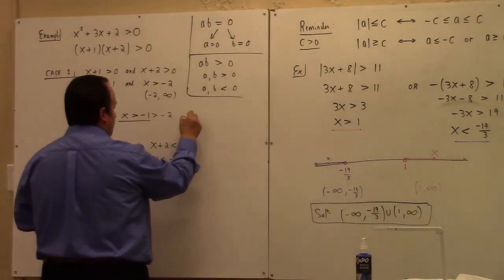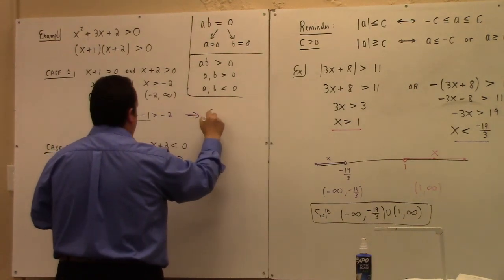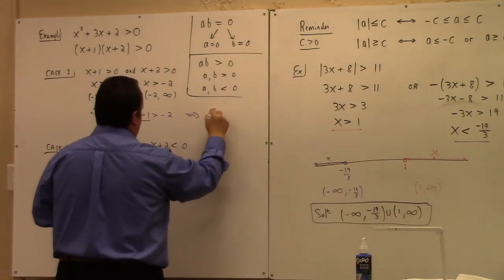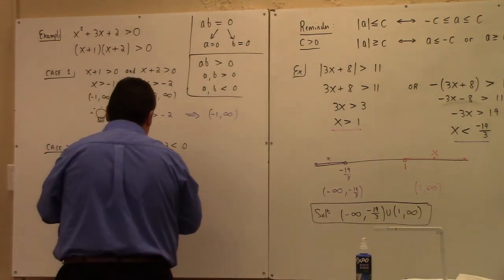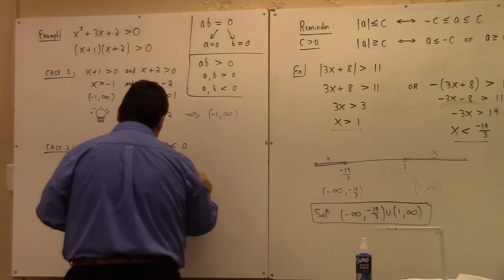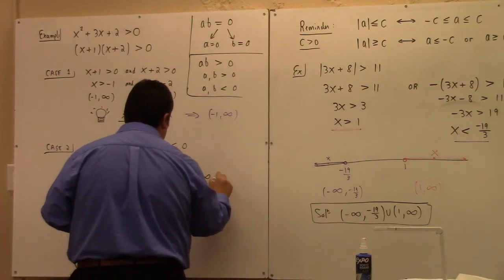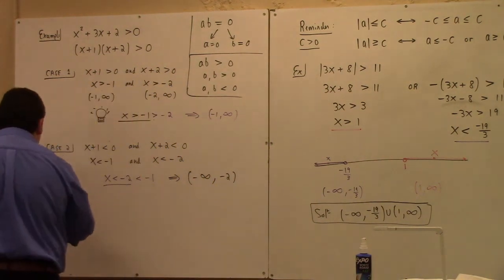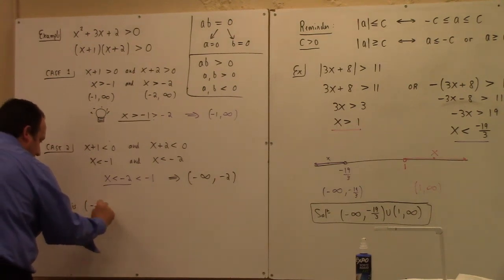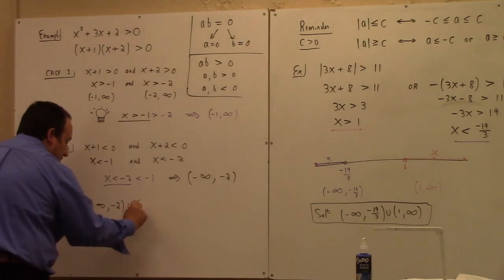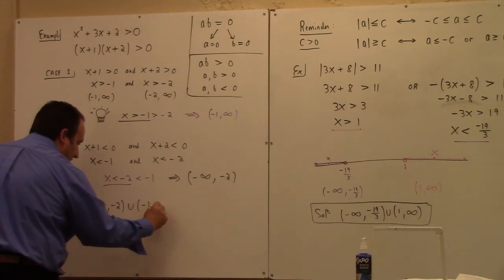So in other words, for the first one, I have minus 1 to infinity. And for the second case, I get a solution of minus infinity to minus 2. So in total, the solution is minus infinity to minus 2 unioned with minus 1 to infinity.